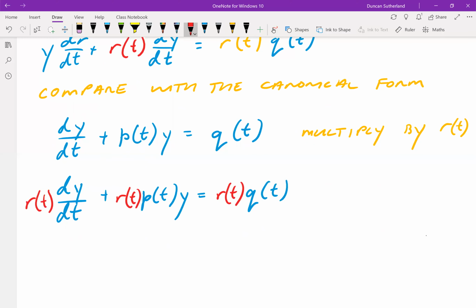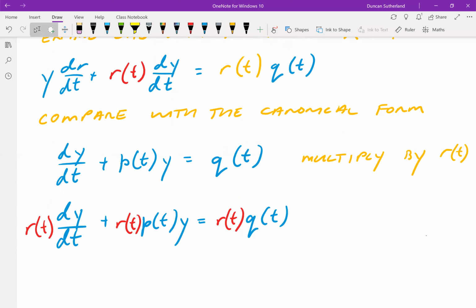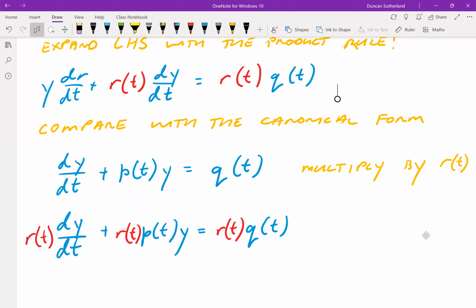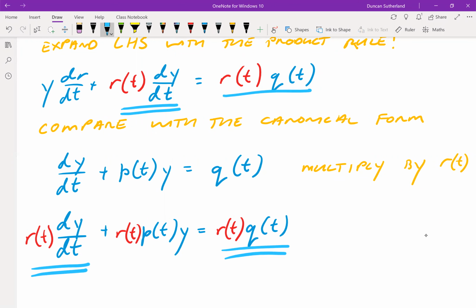Okay. And we can now compare, right? We've got this term, and we've got this term. So I need to distinguish them.